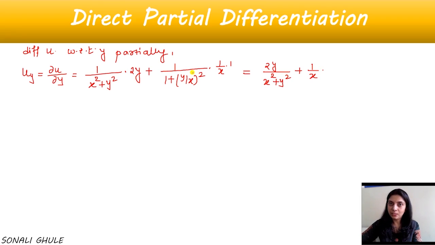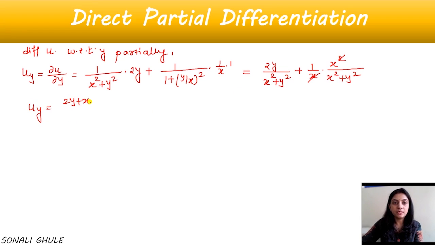Now if I again solve this denominator and cross multiply, what do I get here? Yes, it is x square upon x square plus y square. Very good. So here x will get cancelled and what is the remaining term? Only x. And if you check, your denominator is the same, so I can add the numerators. So I'll get the value for uy, it is 2y plus x upon x square plus y square.